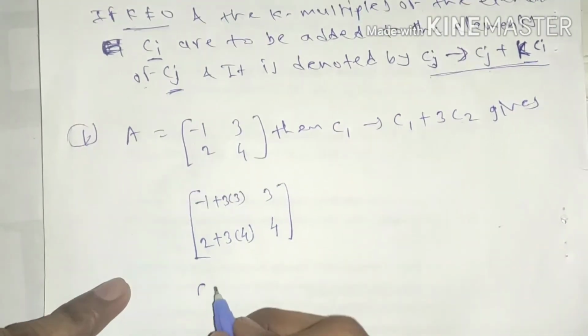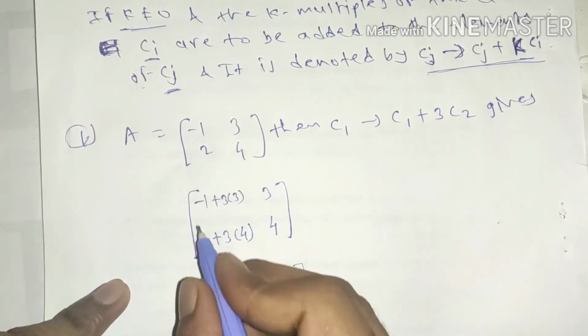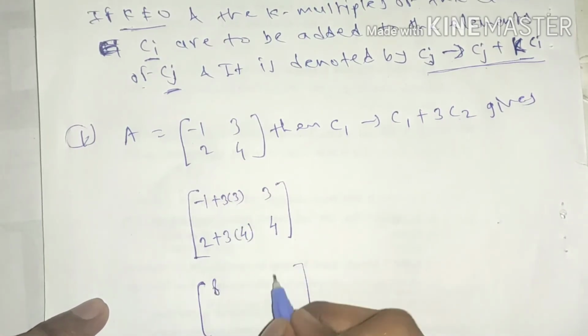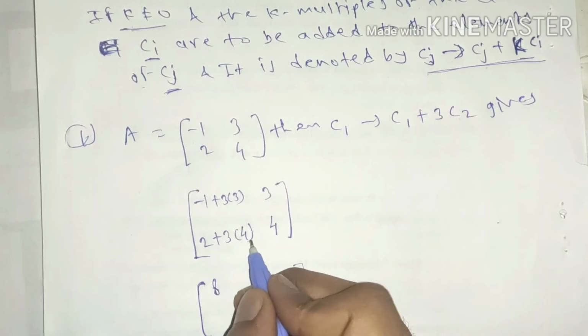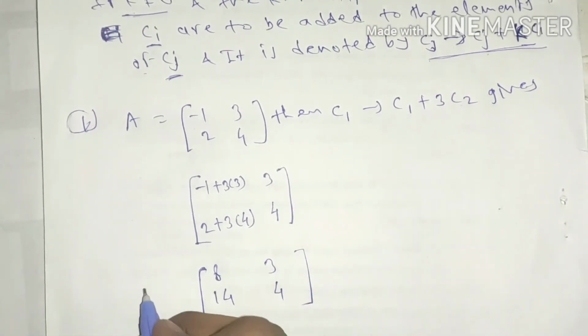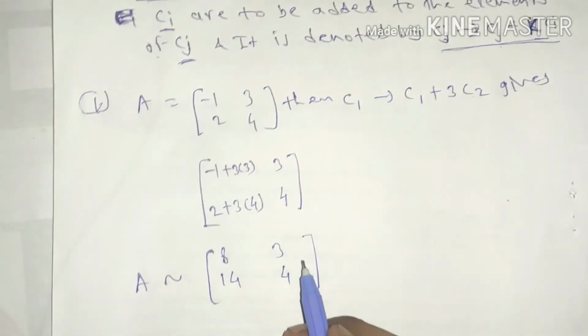This gives the new matrix: minus 1 plus 9 is 8, 3, 2 plus 12 is 14, and 4. So we say the given matrix A is equivalent to 8 3 14 4.